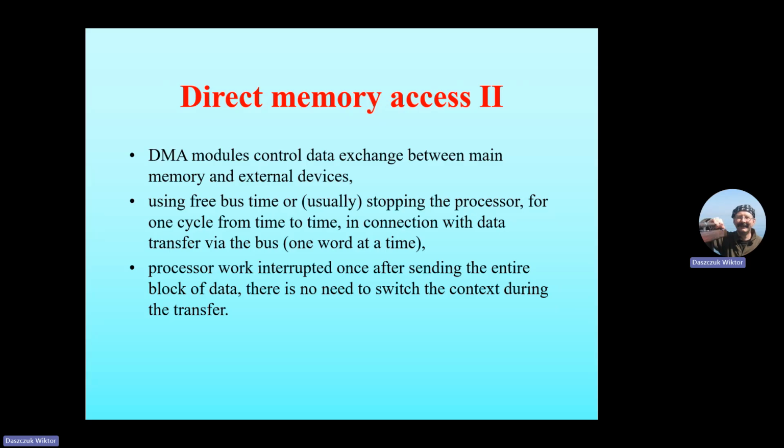The DMA controller has higher priority than the processor. And usually it stops the processor for some time, for the entire transmission, or periodically for some number of instructions. Why?